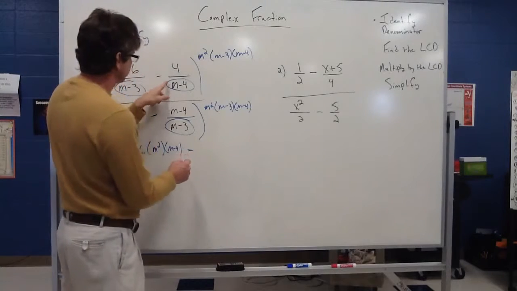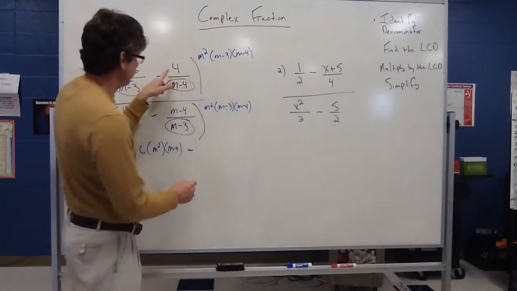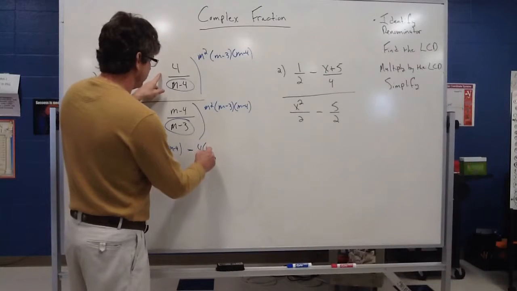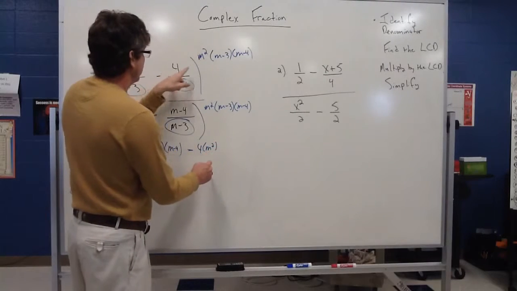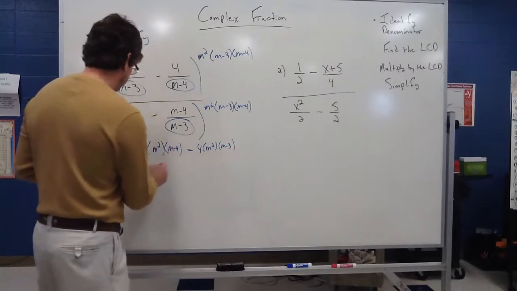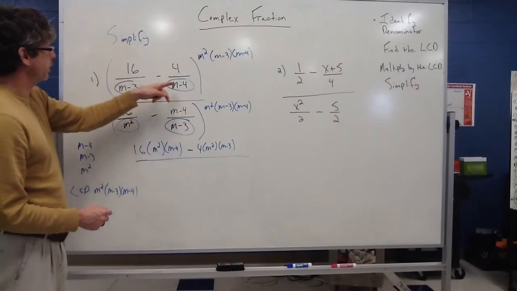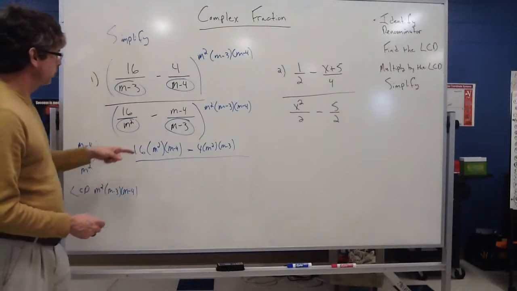Minus then, got that minus sign there, the m minus 4 divides out of this one, so I have that 4, I have that m squared, and I have that m minus 3. So that's the only thing left on the top now. Those fractions are now out of the problem.